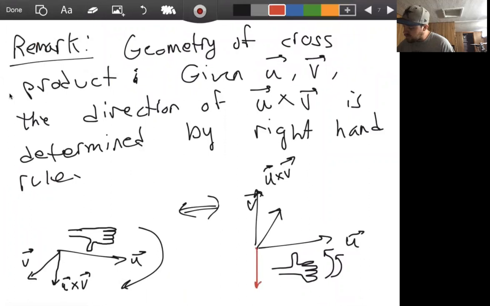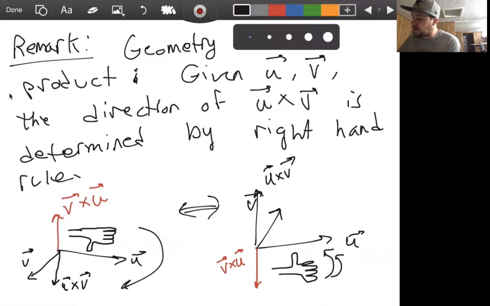So in this picture over here, the red arrow is v cross w. And over here, the red arrow, v cross w, would be facing up. And so you can see a geometric interpretation of the cross product now, and how the direction of our cross product is determined by the right-hand rule. Okay, and so that was an important remark I wanted to make.